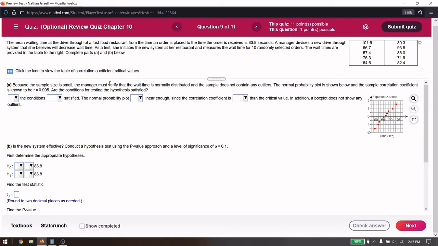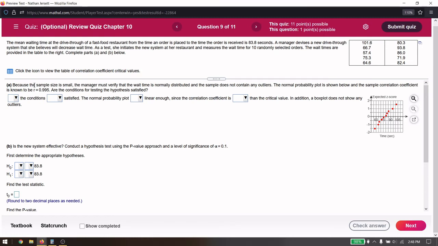That's why part A is here. Part A says because the sample size is small, we must verify that it's normally distributed. And we can do that by using the correlation. This is back in chapter 4 or 5. The normal probability plot is shown below, and the sample correlation coefficient is known to be R equal to 0.995.